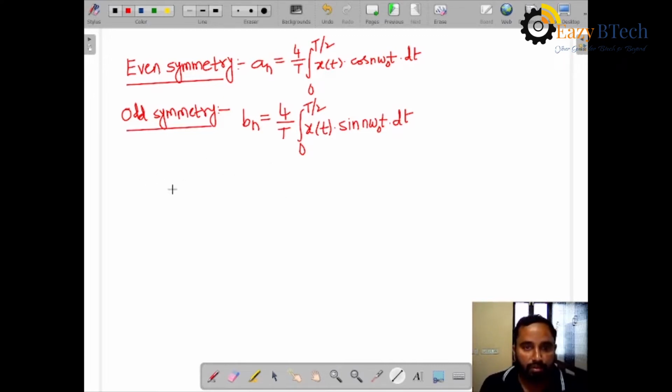Let's do one simple problem, just a very small problem. x of t is equal to just sin omega naught t.